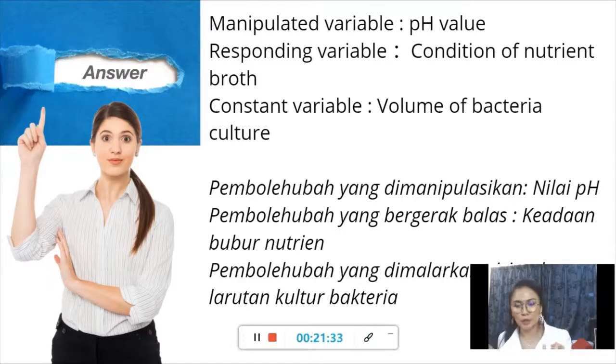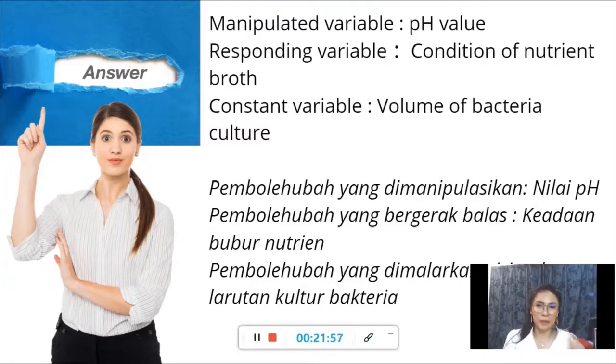Then the temperature, the time taken and the intensity of light also need to be constant variables. They are the constant variables in this experiment. So for constant variable, you may write more than one if you are not sure your answer is correct or not.